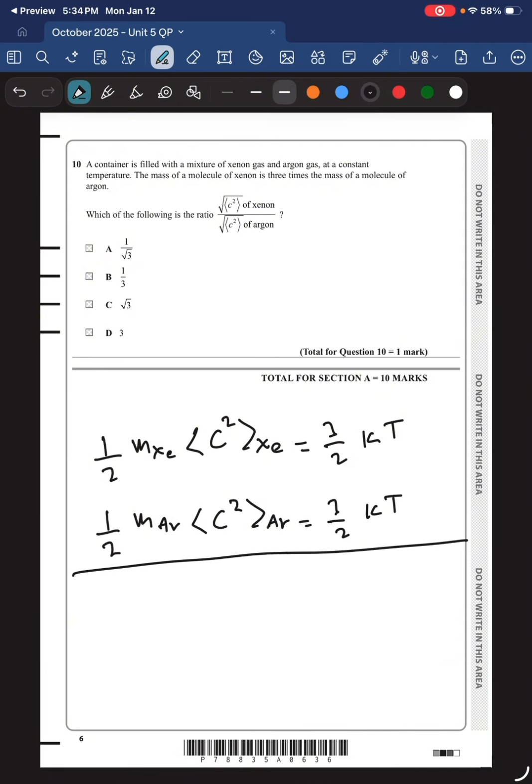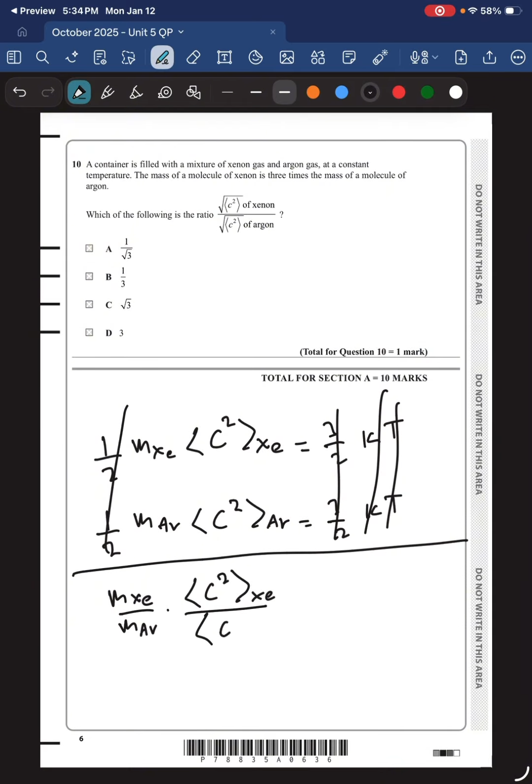So if we divide, everything on the right hand side is cancelled, and we are left with mass of xenon over mass of argon times c squared for xenon over c squared for argon equals 1.